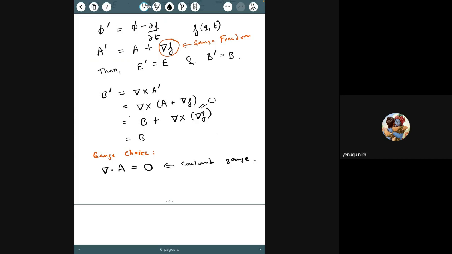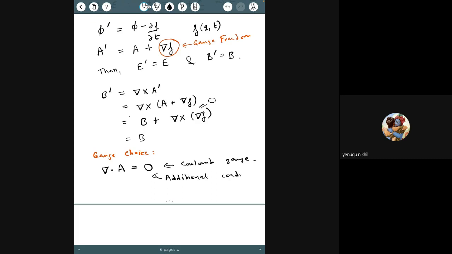I have come across names like Weyl gauge and some other names for other problems, and they're always somehow related to simplifying equations. I'll also think about whether I can give you a better reason, but for now, just accept that we use the Coulomb gauge and this additional condition.